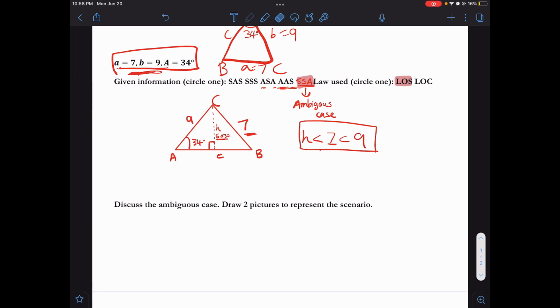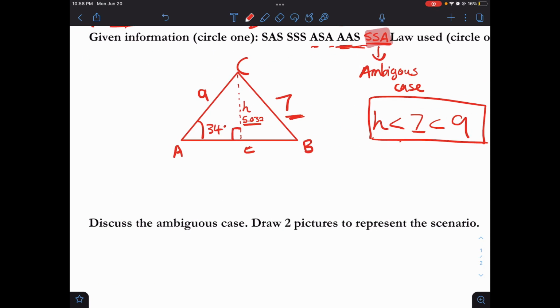We can use the law of sines. So sine of 34 over 7 is equal to, we are given one more value, 9 over the sine of B. So we can find the measure of angle B. To do that, we cross multiply. So we get 9 sine of 34, and then we will divide by 7.